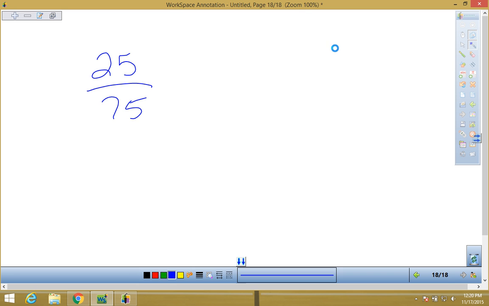So if we're looking at division ladders, and we do 25 and 75, let's use 5. 5 will go into 25 5 times, and into 75 15 times.